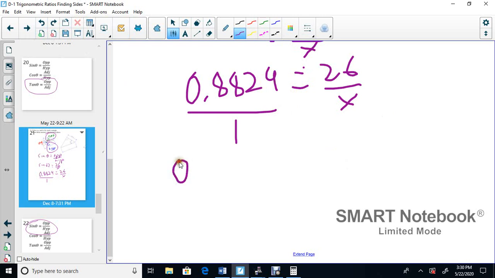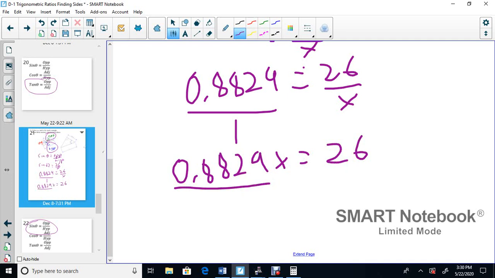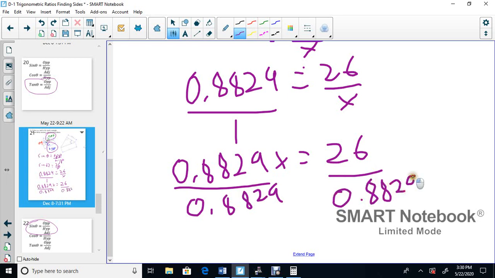So we're going to write 0.8829x equaling 26. Just multiplied 1 times 26 is 26. Then divide by what's in front of the x, 0.8829, and divide this side by 0.8829.